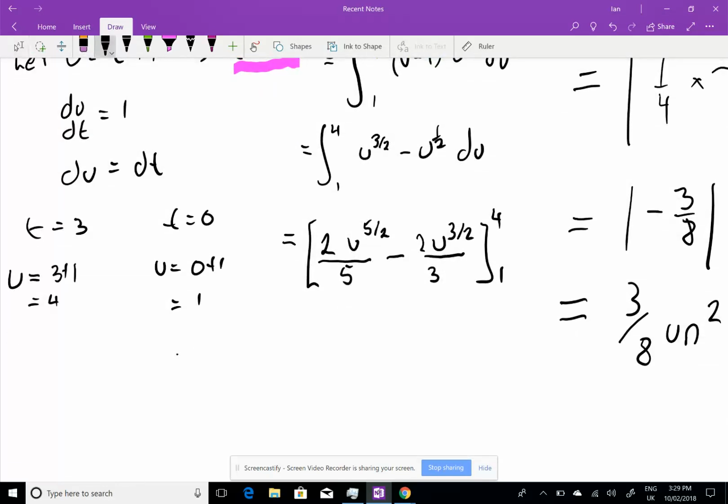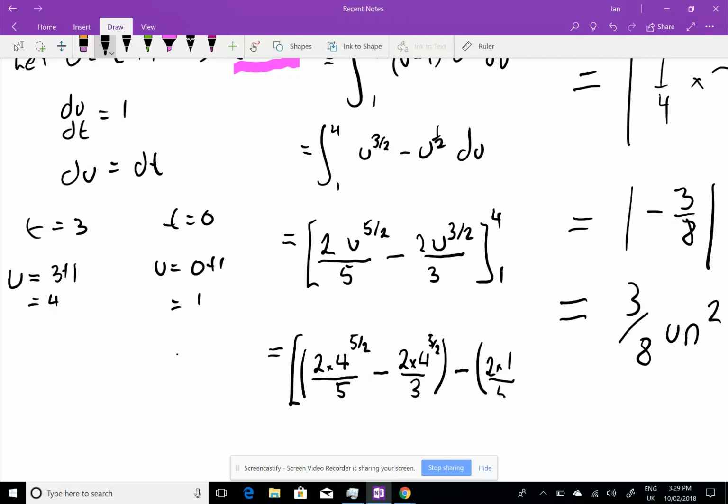Now, two times 4 to the 5 on 2 over 5 minus 2 times 4 to the 3 on 2 over 3, minus 2 times 1, because 1 to the power of anything is itself, on 5 minus 2 times 1 on 3.